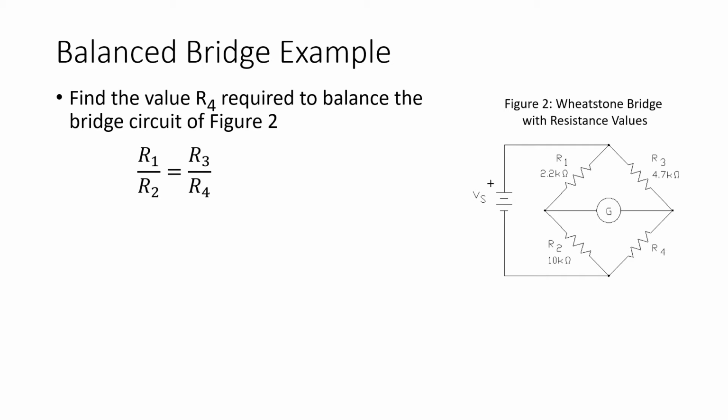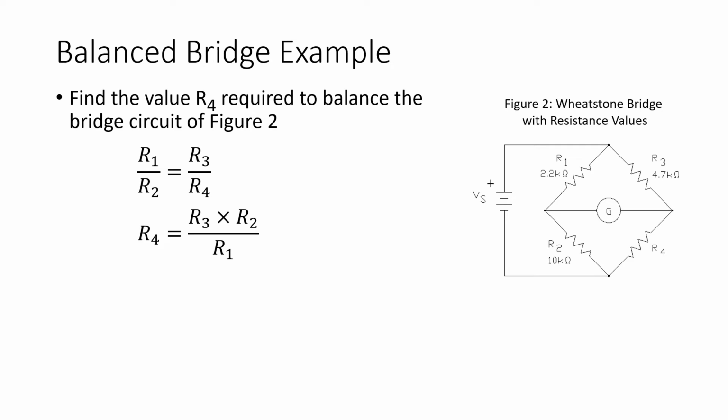Now, let's look at an example of a balanced bridge circuit. Let's calculate the value of R4 required to balance the bridge circuit of Figure 2. So we start with our equation that describes a balance condition in this bridge: R1 over R2 equals R3 over R4.